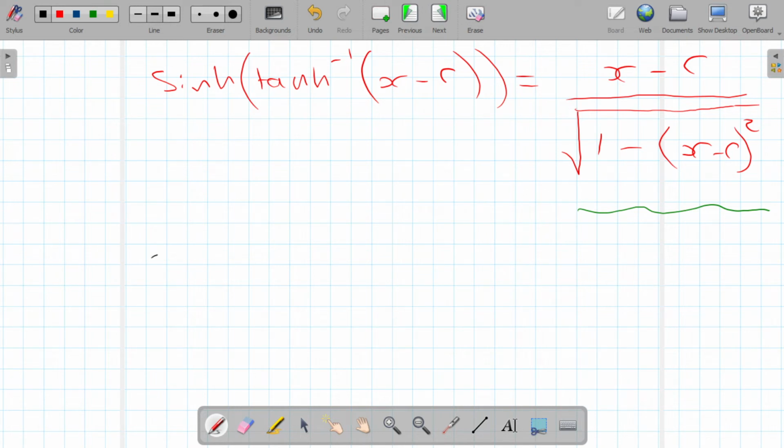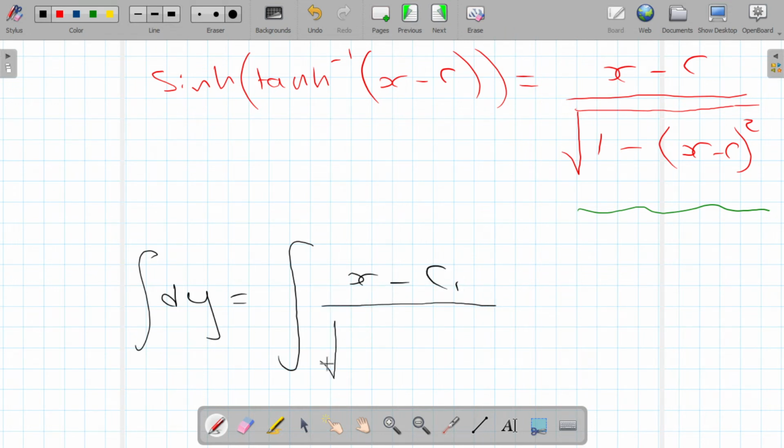What we've got is, I won't do the integral on the left hand side yet. I'll leave that as dy. So the integral of dy is equal to the integral of x minus c1 all divided by the square root of 1 minus x minus c1 squared. There we are. And then the dx term as well.